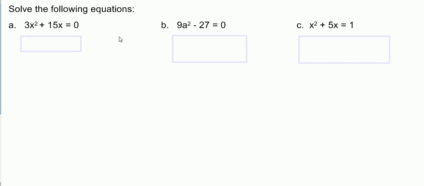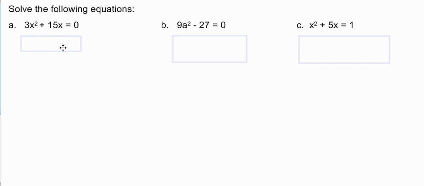Okay. So how are you going to try to solve each of these equations? We talked about the 3 techniques: factoring, square root method, or the quadratic formula. In a case like this, you already have it set equal to 0. You have multiple terms with variables here, so we want to look to factor. And factoring actually has its own set of techniques.